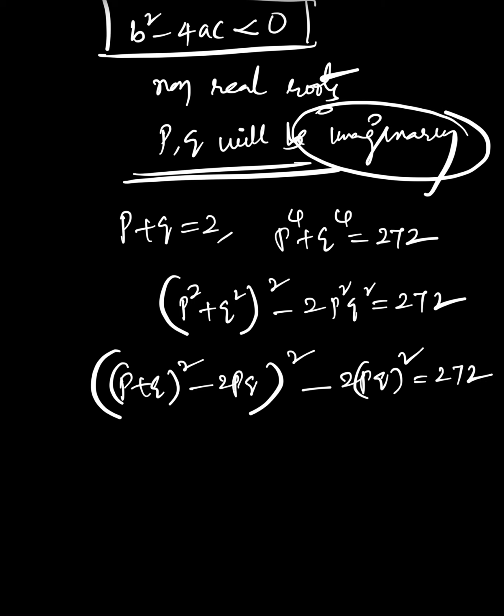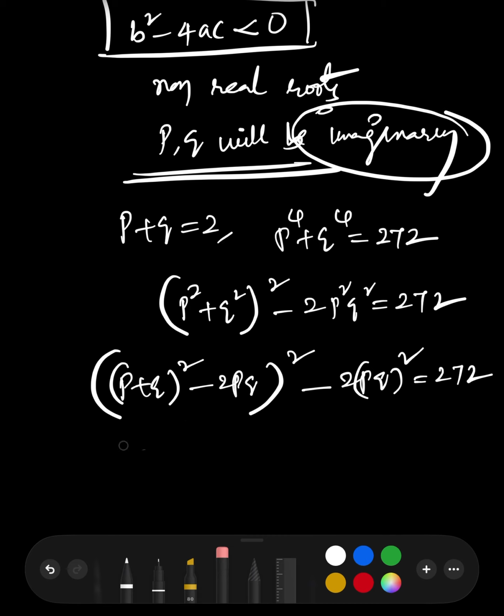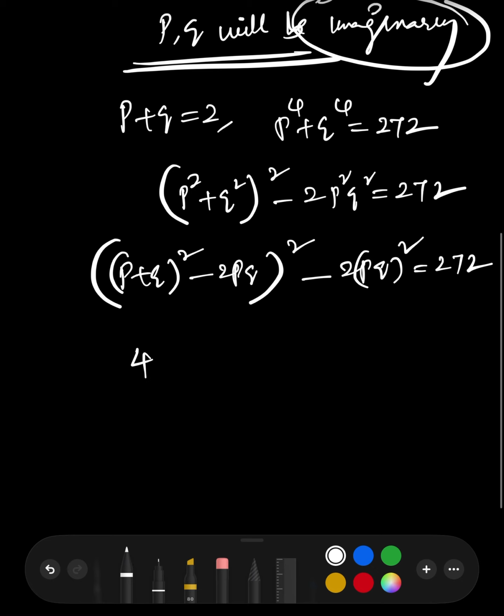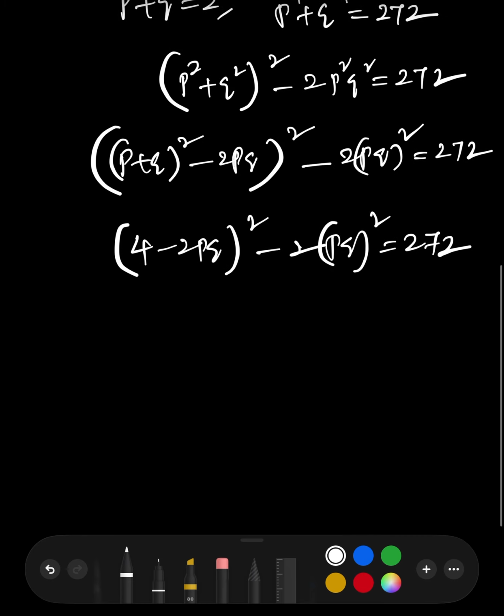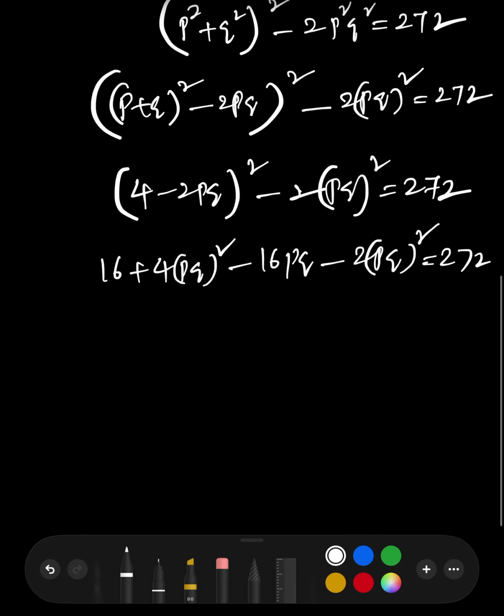Since P plus Q is 2, we can write (4 minus 2PQ) whole square minus 2 (PQ) whole square equal to 272.